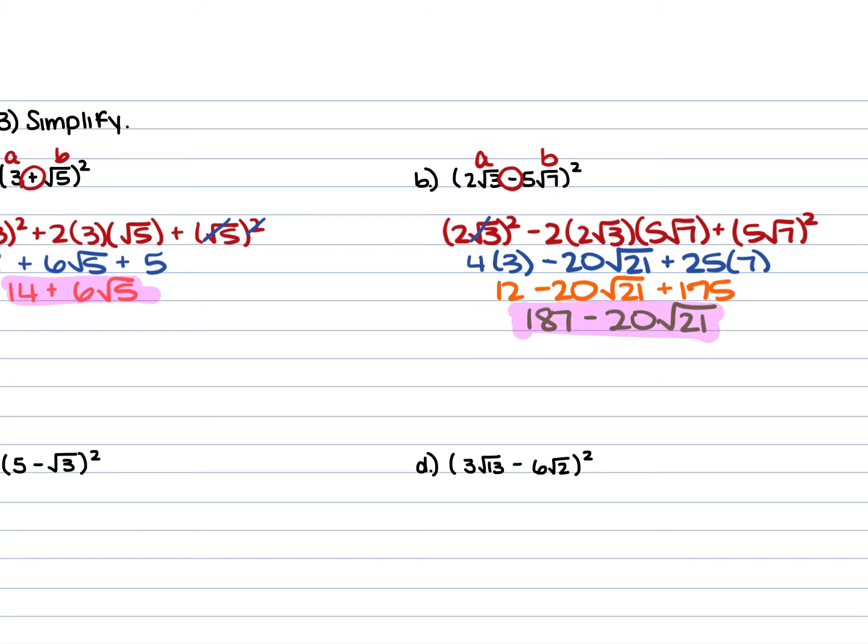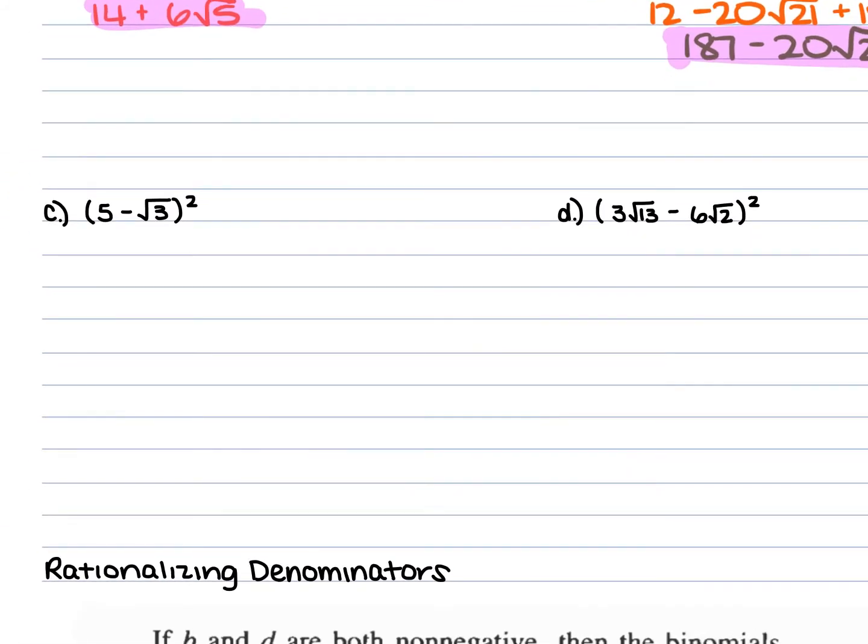So if you do not want to use these methods, I'm going to do example C by expanding it and just FOILing it. So if we have 5 minus the square root of 3 squared, it's the same thing as 5 minus the square root of 3 times 5 minus the square root of 3. We're going to FOIL these, so 5 times 5 is 25. 5 times negative square root of 3 is negative 5 square root 3.